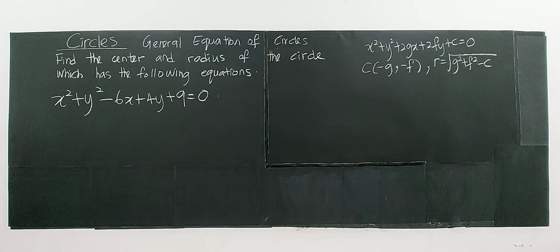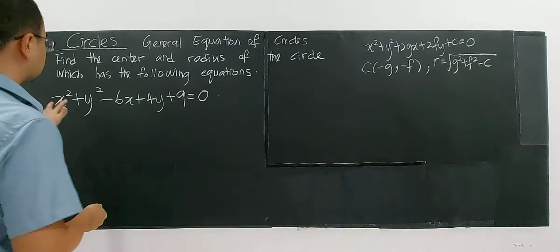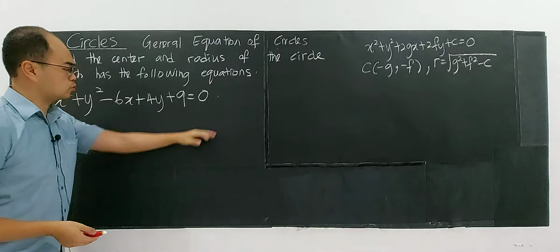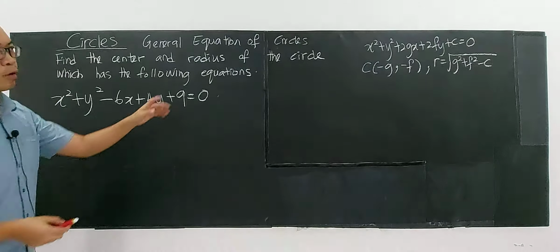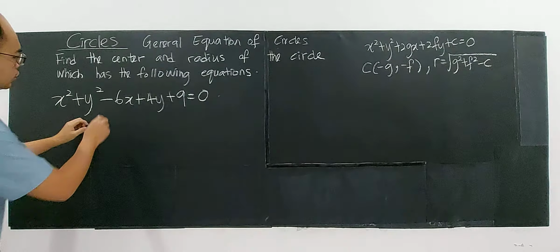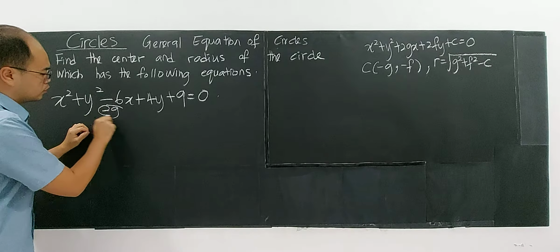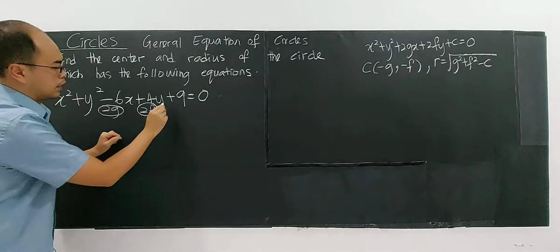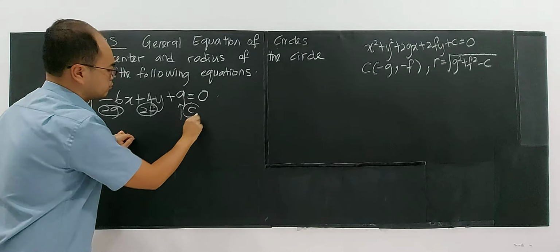Apply the formula. So as we compare here, x squared plus y squared minus 6x plus 4y plus 9 equals 0, right? And you compare with that formula, x squared plus y squared plus 2gx, this is your 2g, all right? Plus 2fy, and this will be your c, right?